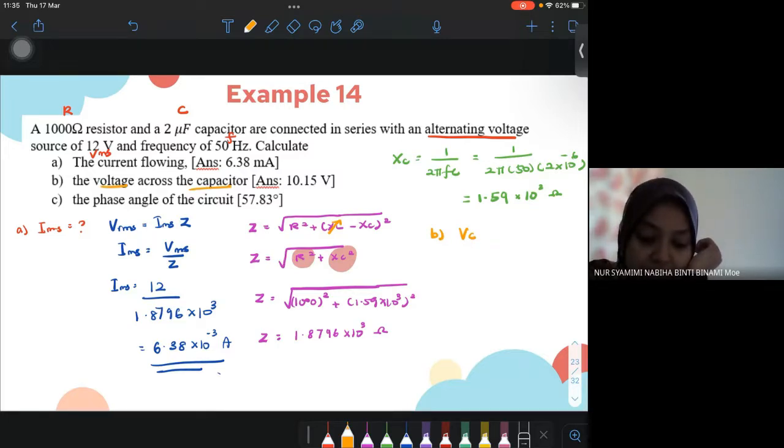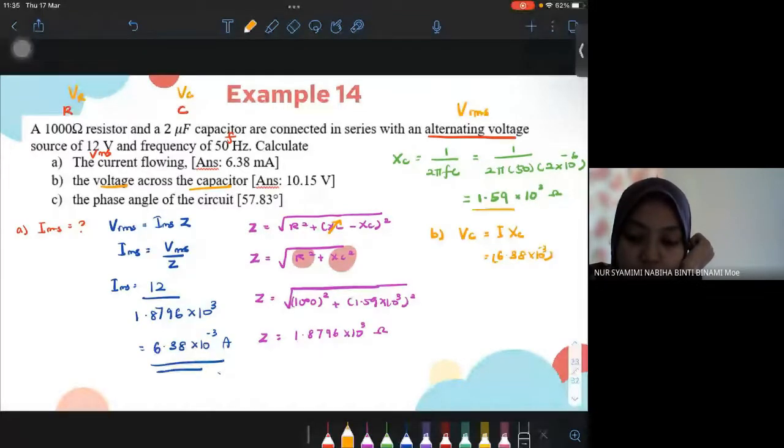So kita tahu kita ada resistor, dia akan ada VR. Kita ada capacitor, dia akan ada VC, dan kita ada alternating voltage, which is VRMS. So dia minta VC is equals to I XC. So current yang sama, which is IRMS 6.38 exponent -3, dan XC kamu dah kira tadi 1.959 exponent 3.